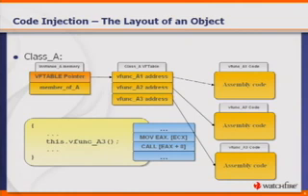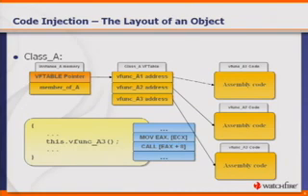The first assembly line makes EAX, which is another register, point to the beginning of the virtual function table. And the second assembly line actually executes the third virtual function code, because EAX points to the beginning of the virtual function table. EAX plus 4 points to the second DWORD of the virtual function table, and EAX plus 8 points to the third DWORD of the virtual function table, and that is the address of the third virtual function code.